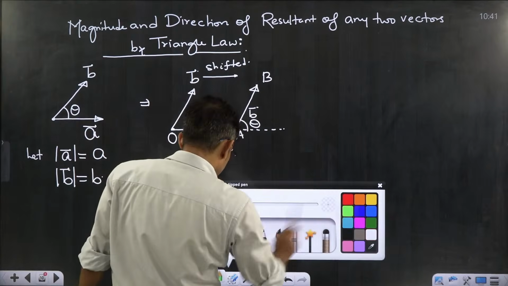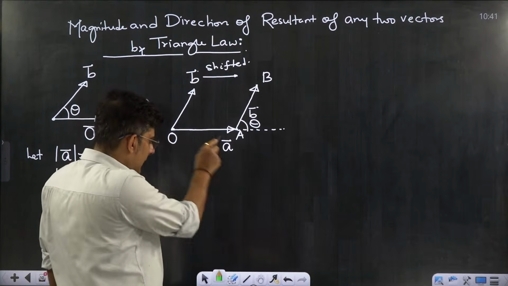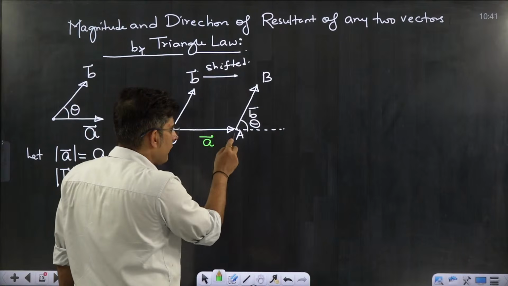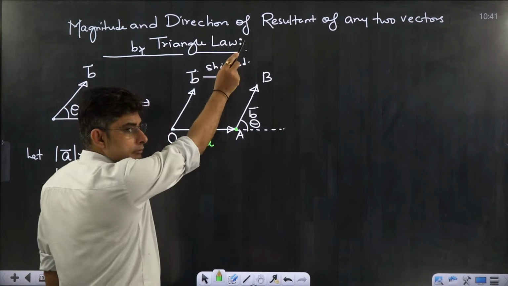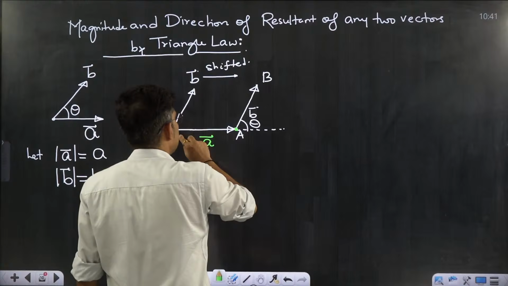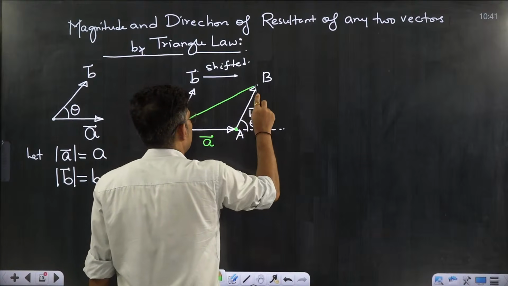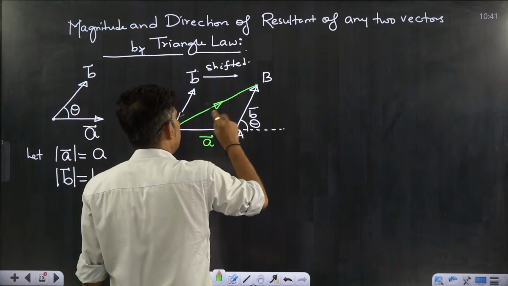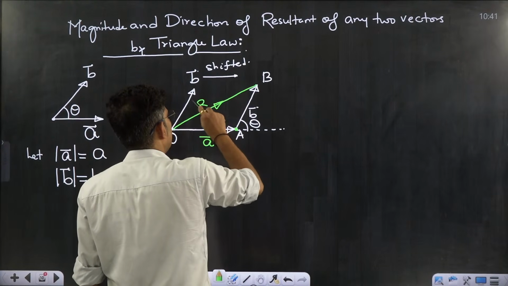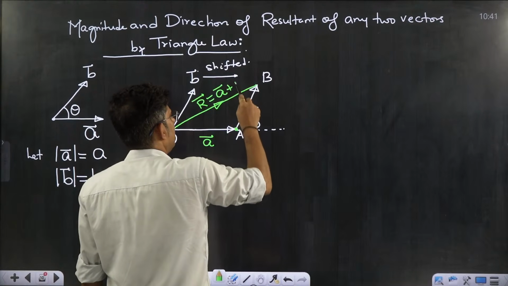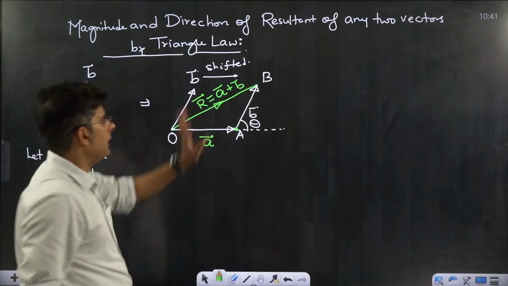Now I told by triangle law, if this is a vector, where it ends, this is B vector. So if I join these two by a straight line, this will be only called as the resultant, which I will write A vector plus B vector by triangle law.